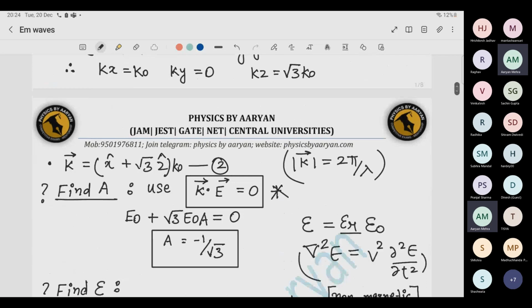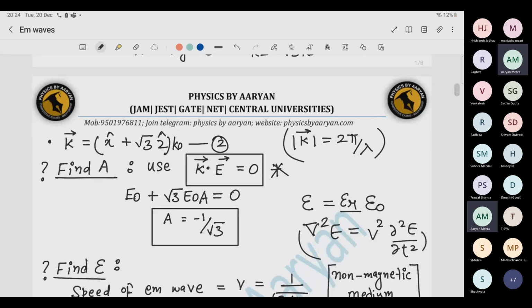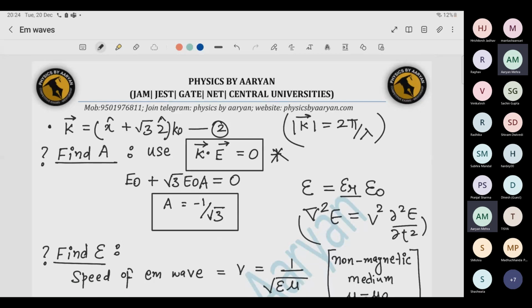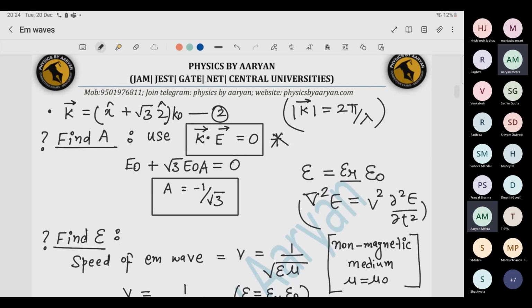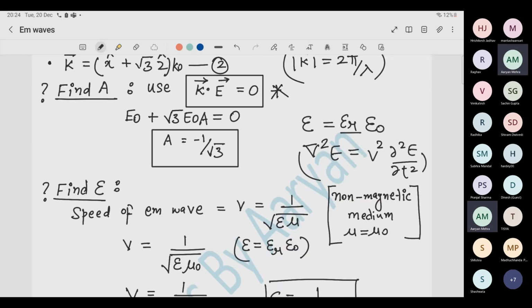So they are not both independent. And then we did a little bit of good thing that is actually missing in the books, that is how do we find the dielectric constant or the refractive index from the EM wave that is being given, or how to find the speed of your EM wave.